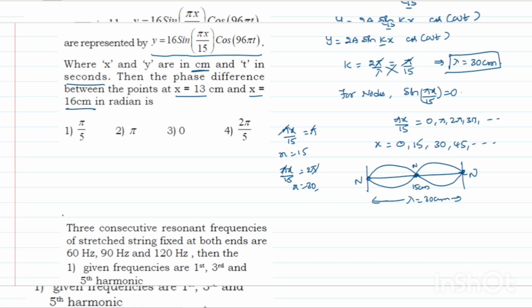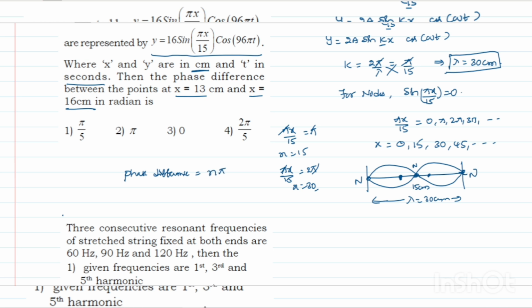And here they are asking in between x equal to 13 centimeters, and the next one they will be asking us at 16 centimeters. So the phase difference is nothing but n into pi.